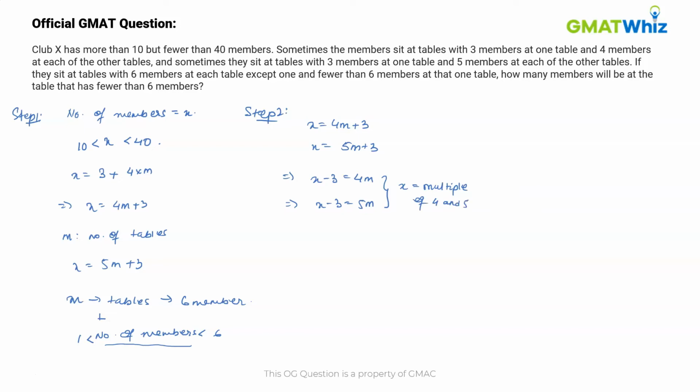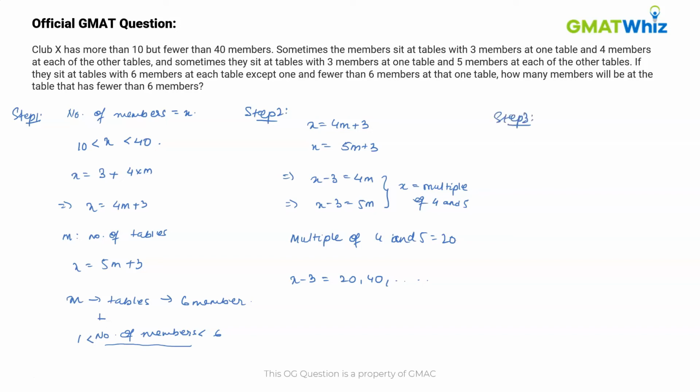Now the nearest common multiple of 4 and 5 is 20. Then that means the value of X minus 3 can be equal to 20, 40 and so on. Using these values, we find the total number of members in the club in step 3.